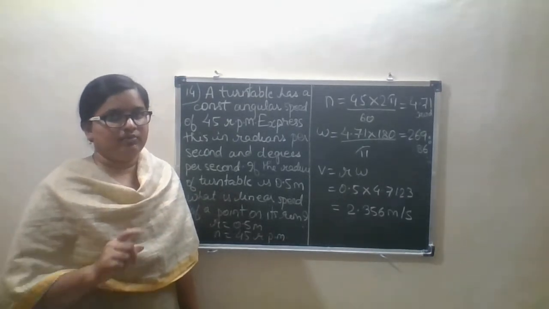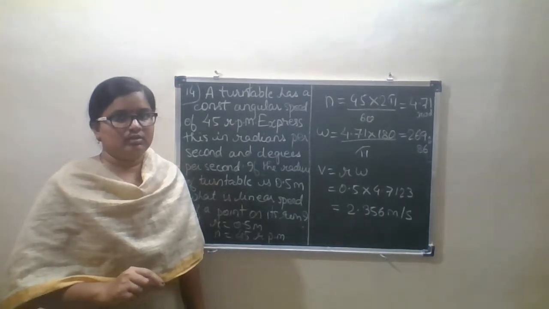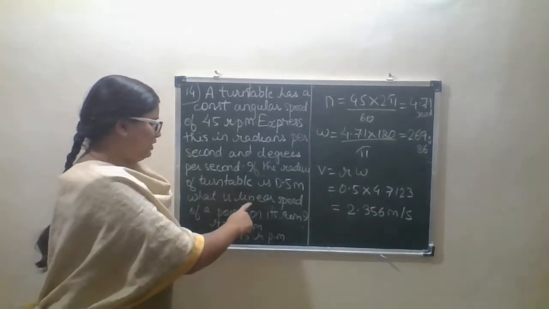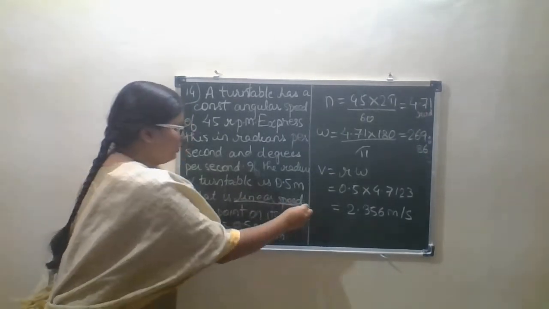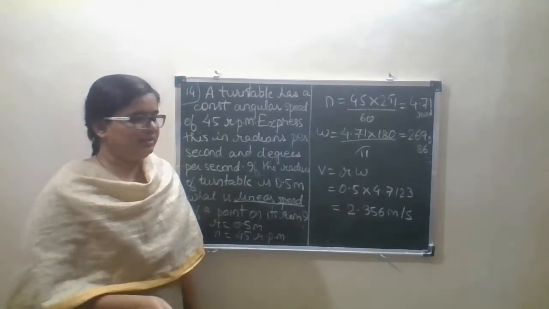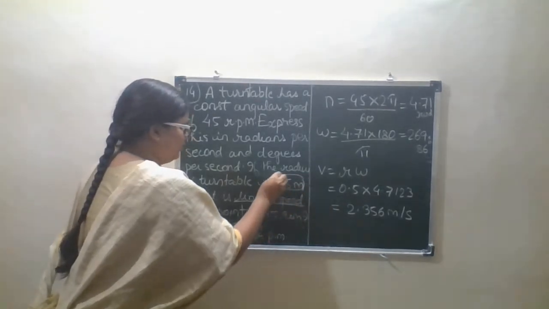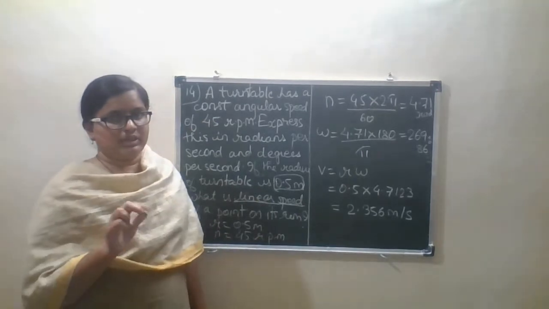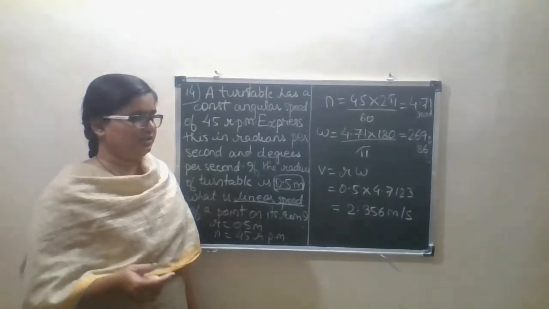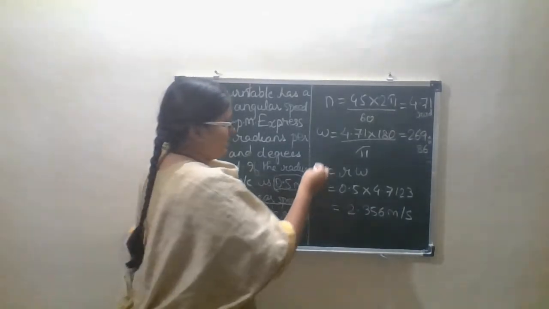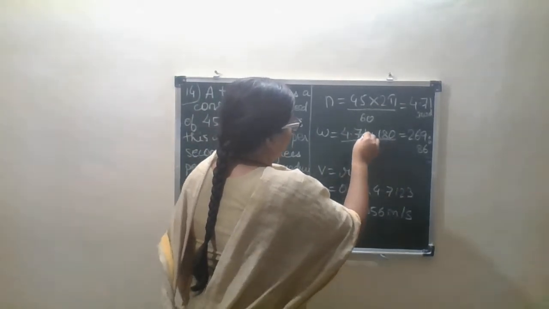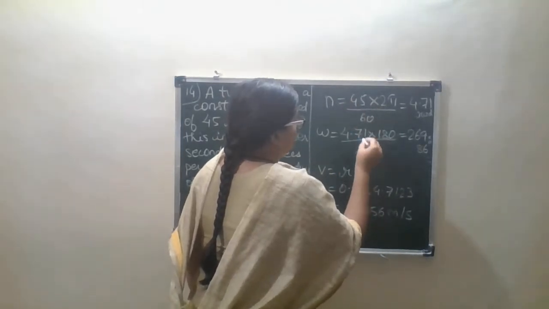Second, if the radius of the turntable is 0.5 meter, what will be the linear speed of a point on its rim? Till now we have converted the 45 revolutions per minute into radians per second by multiplying by 2 pi divided by 60. Now, for the table having a radius of 0.5, what will be the linear speed? We know that omega is equal to 4.71, from 2 pi n.